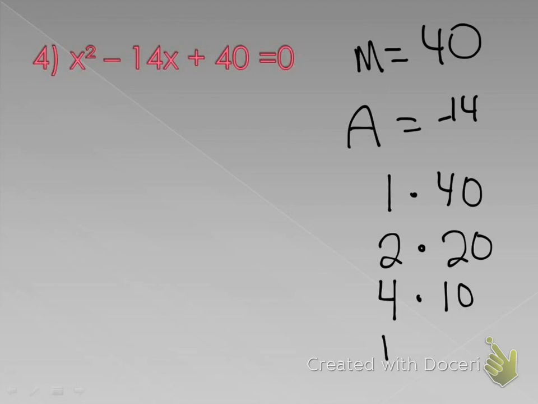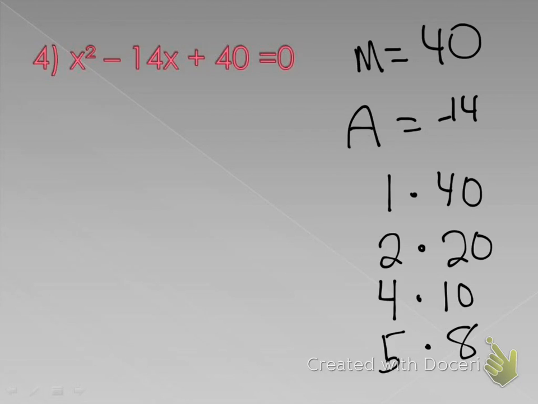What do I know about the signs? How do you multiply to a positive? How many negatives? So a negative times a positive is a positive? Yeah, you need 2 negatives.